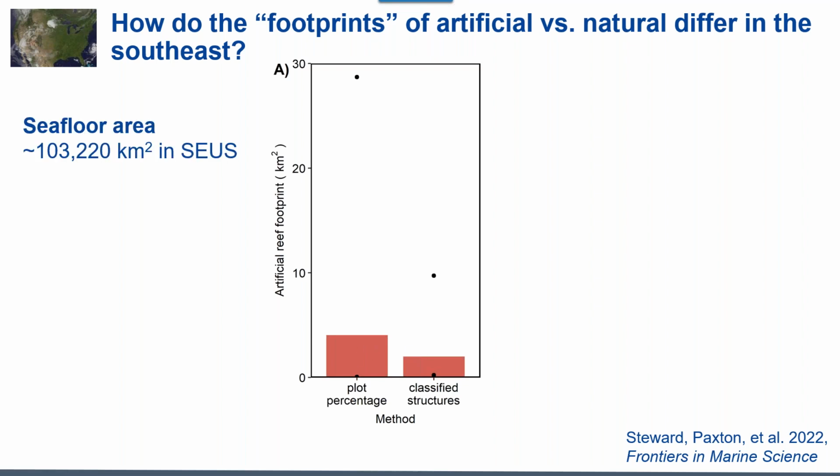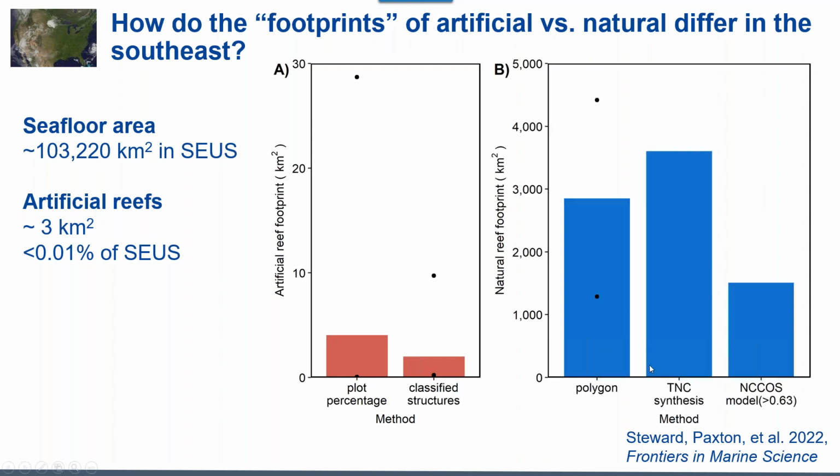And knowing that the seafloor area in this study zone going out to 200 meters depth was approximately 103 square kilometers, we found that artificial reefs in the southeast are a drop in the bucket. They're covering about 3 square kilometers, or less than 0.1% of that southeast US seafloor area out to 200 meters.